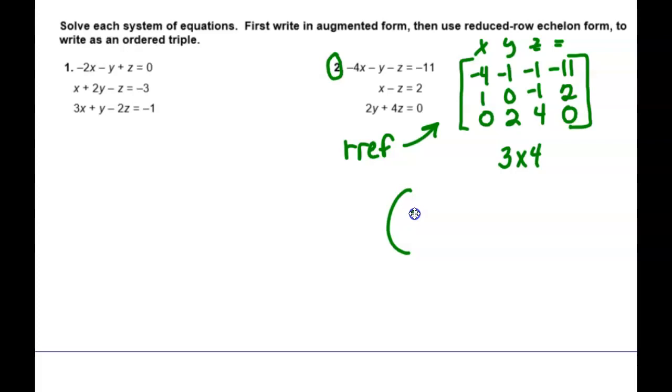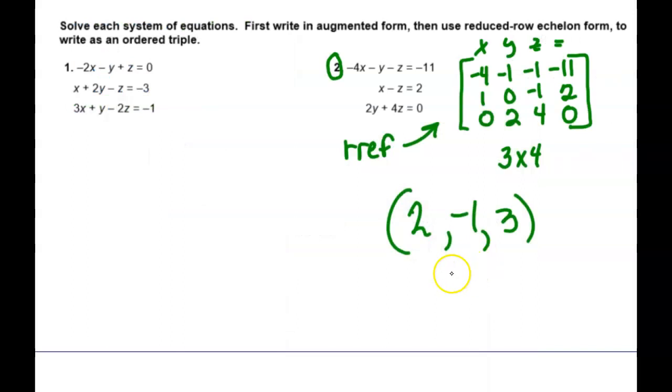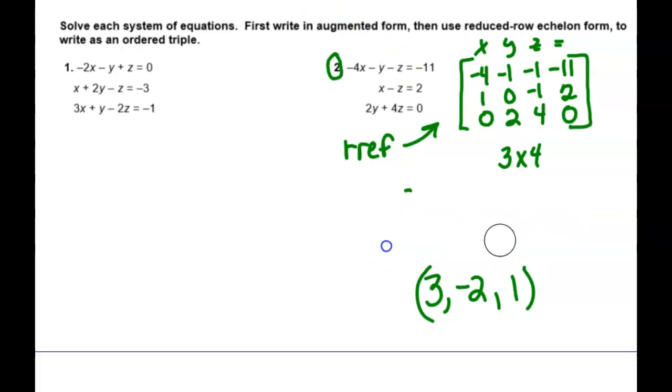Three, -2, 1. You're good, Jada. Okay. You maybe stored it in a different one. All right.